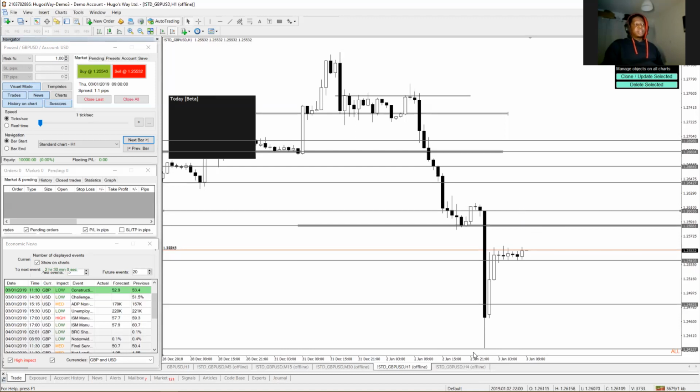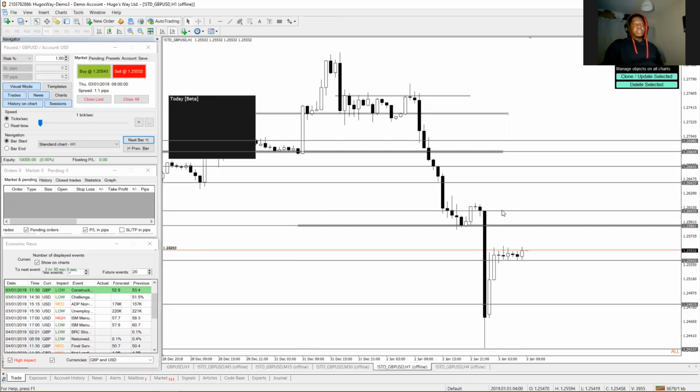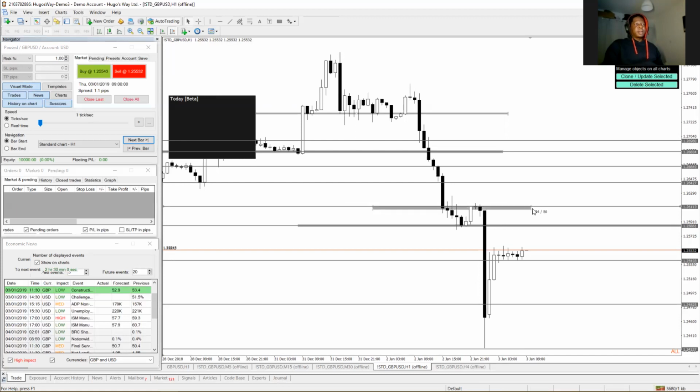Okay. So this resistance on the 4-hour is actually here on the hourly. So we want to buy only above here with support.